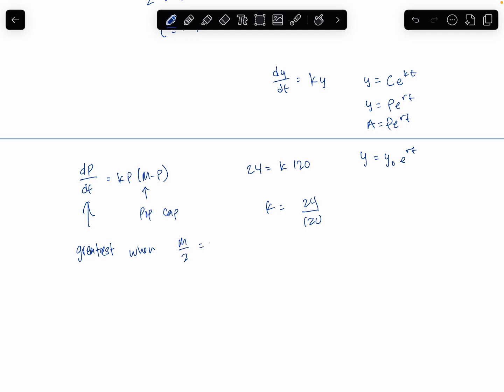That's what I meant to say. We'll just say greatest when P is M over 2, when the population is at half of its capacity. That's a big part about these questions, so keep that in mind.